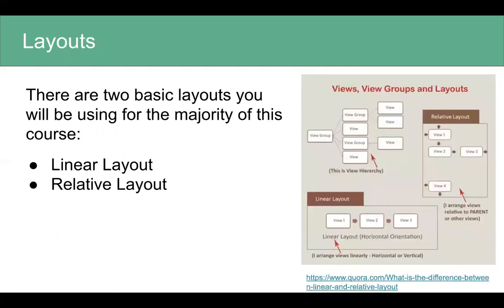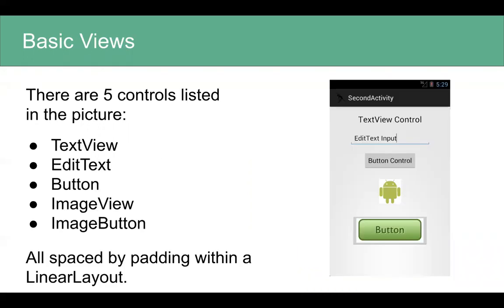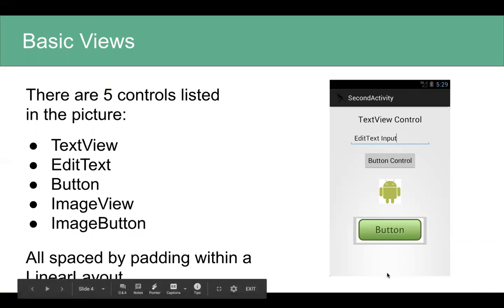And layouts. There are two basic layouts you need to know for the majority of the course: linear layouts and relative layouts. Linear layout is something like this. Things are aligned one after the other, and in this particular image they are centered in the middle.